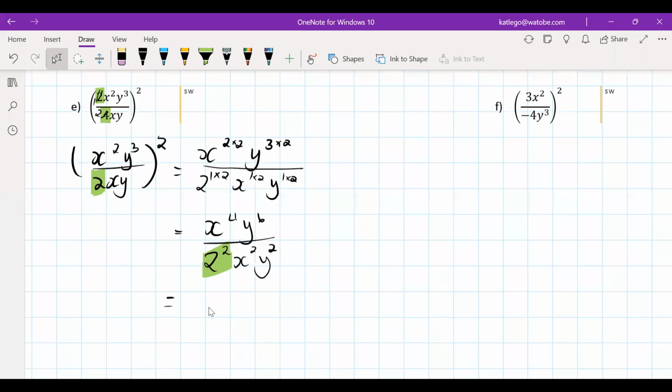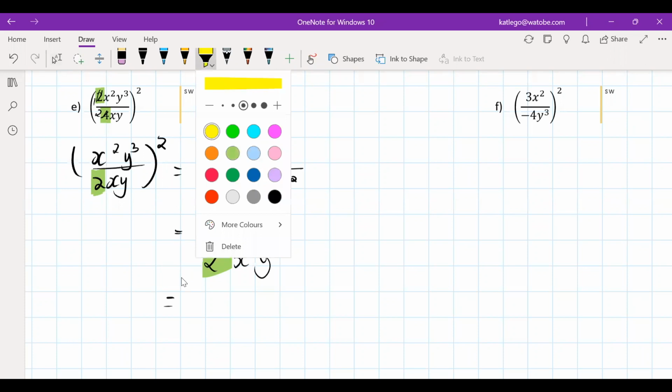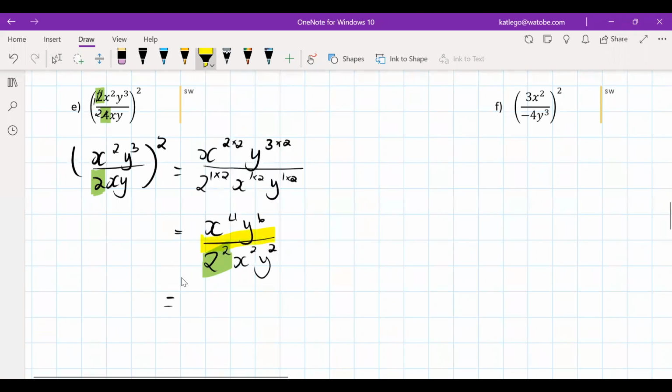So since we are dividing, for everyone who's going to be confused, in case you weren't there in the lesson, we are dividing. Angelo has so nicely told us that if you're dividing, you have to subtract your exponents. So we're going to have x to the power of 4 minus 2.